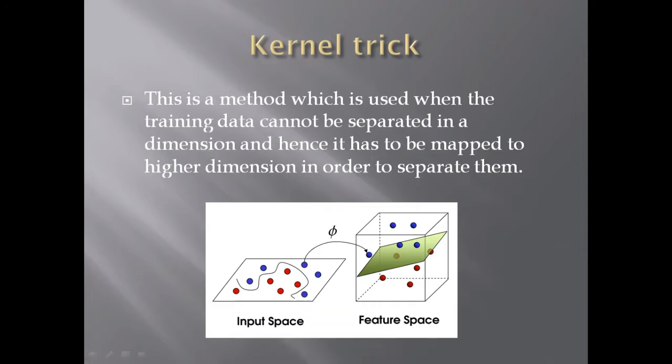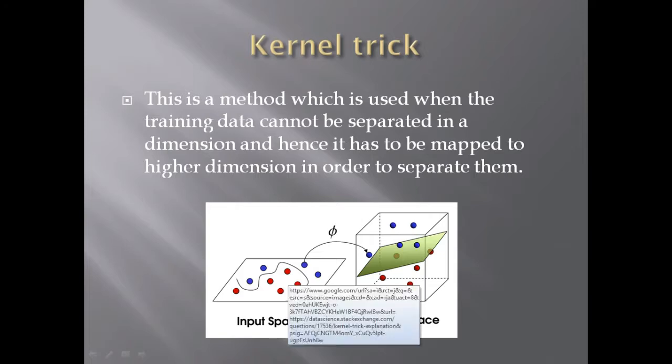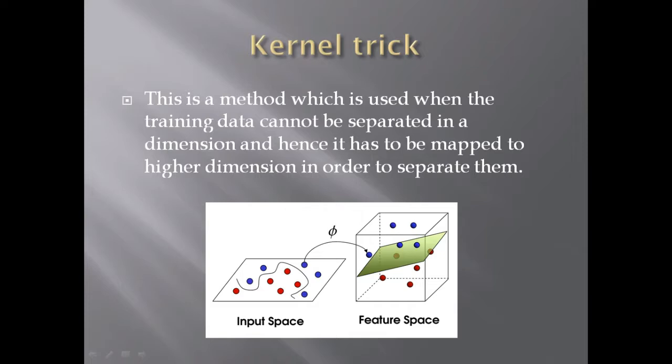So instead of a 2D plane, we have mapped it to a 3D plane, and here you can see we are easily able to find a hyperplane which separates both the red and the blue parts. This is known as a feature space, and now we can easily solve our problem.